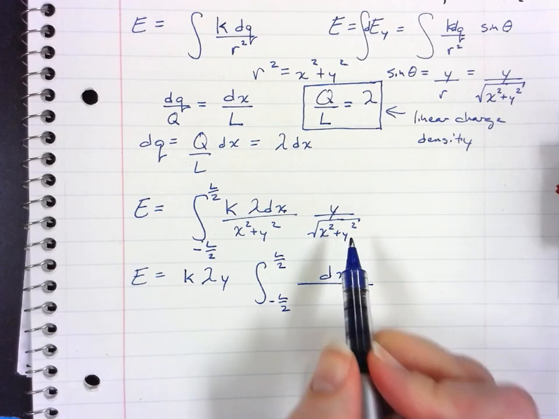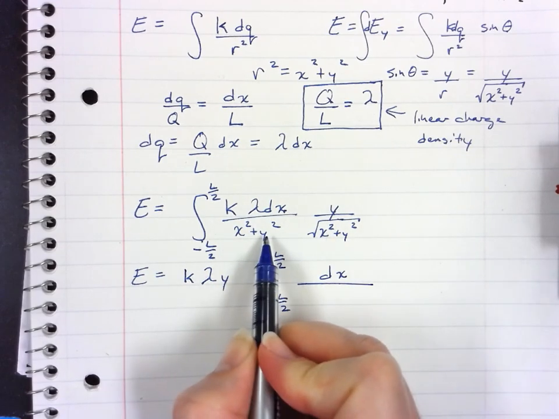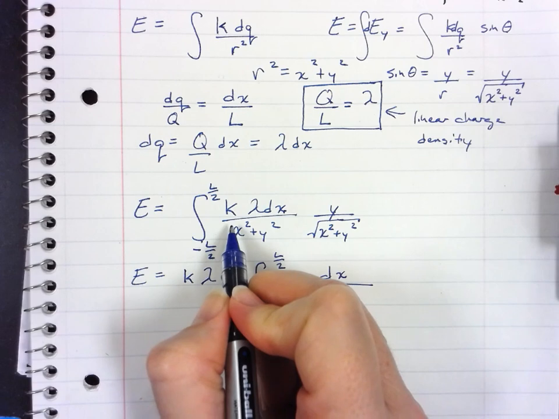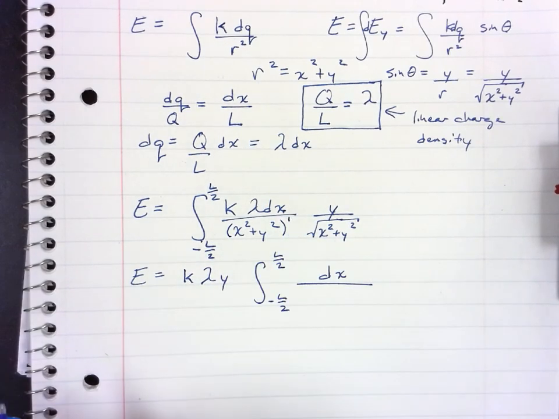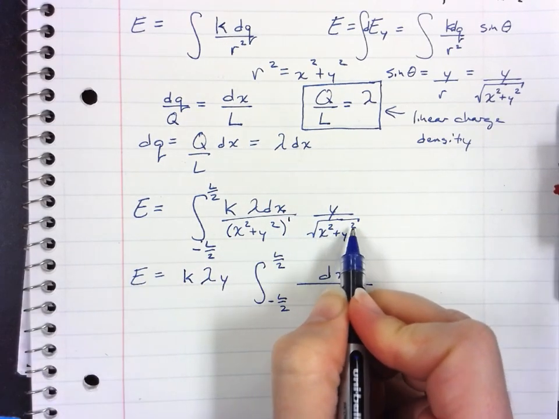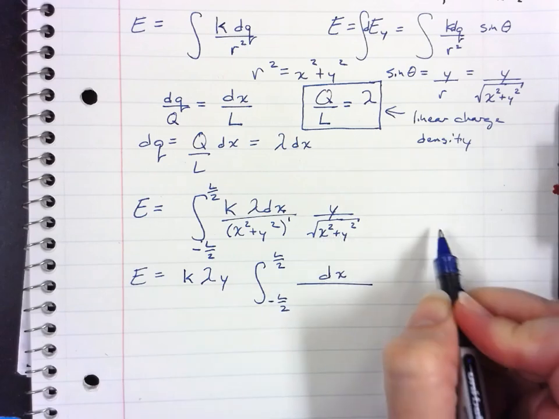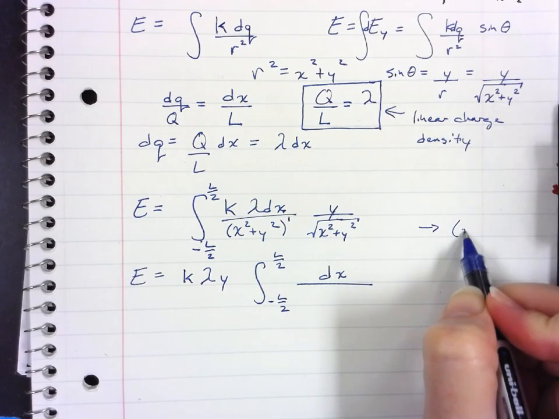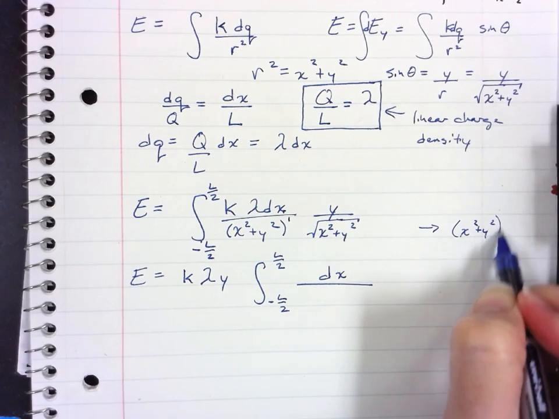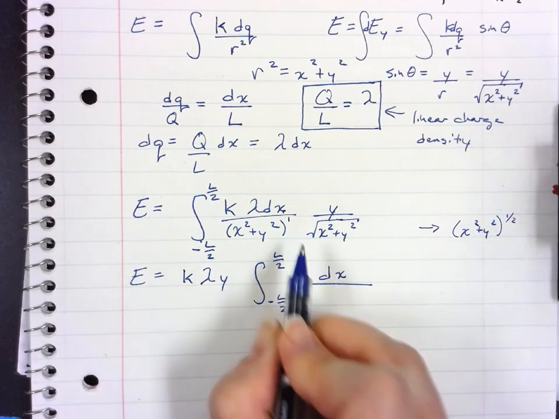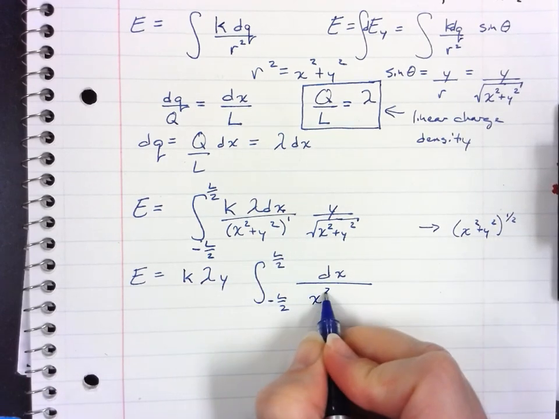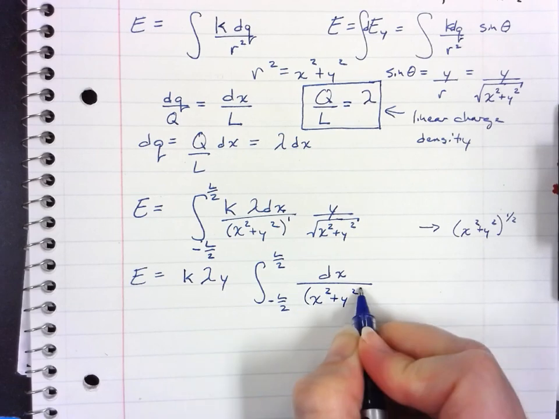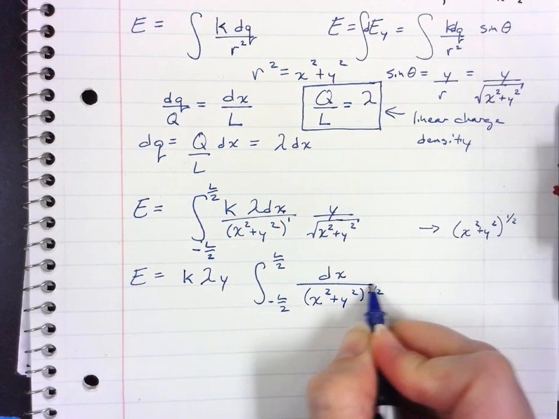In the denominator, we have x squared plus y squared to the first power times x squared plus y squared square root. Well, remember, square root is the same as the 1/2 power. So I can put these two terms together. This is x squared plus y squared to the 3/2 power.